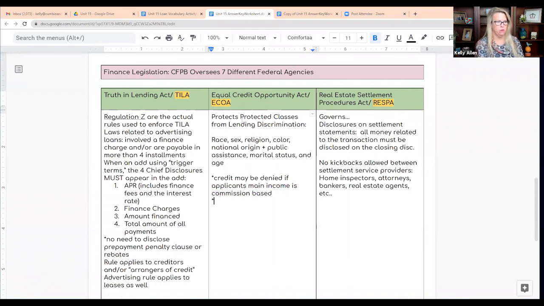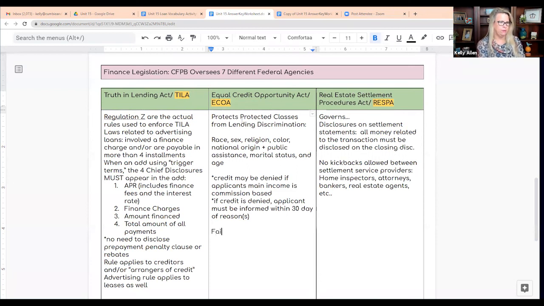They don't like that. Okay, if credit is denied, applicant must be informed within 30 days of reasons. Okay, so why did you deny the credit? All right, very good. Anything else there?